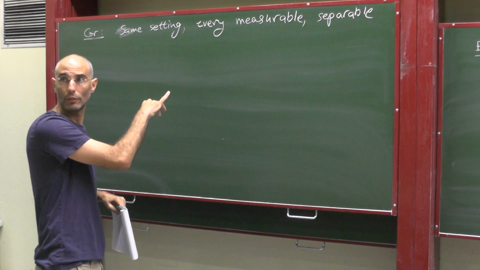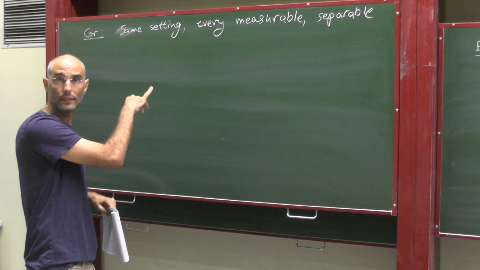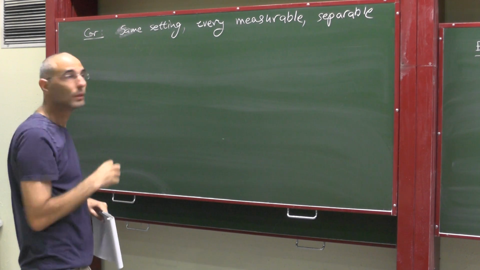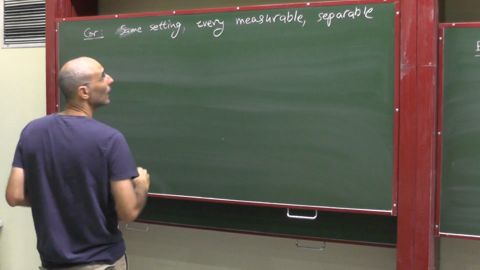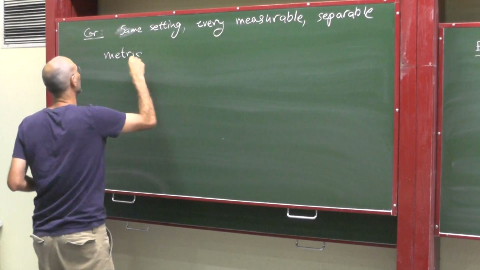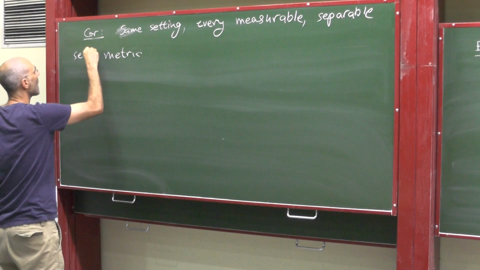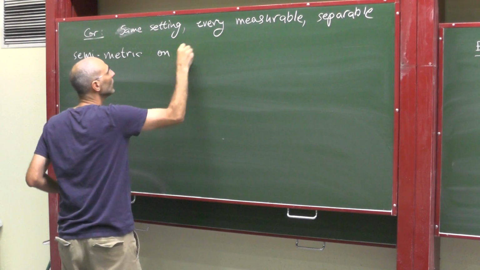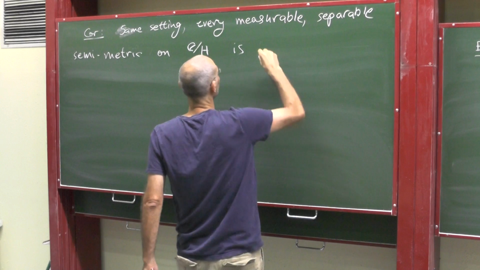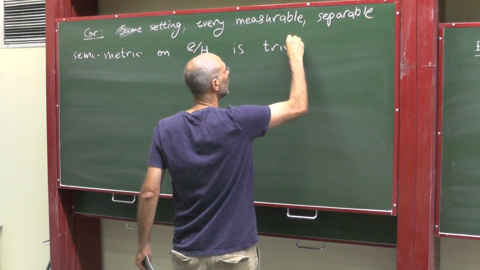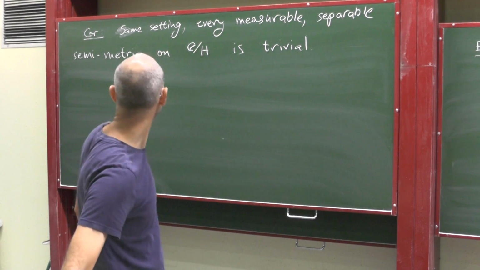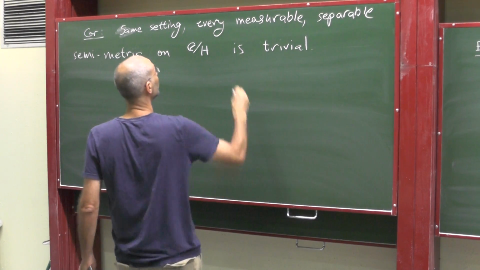Separable means that you have a dense set of cardinality Aleph 0, a dense countable subset. Every invariant separable metric on G mod H is trivial.